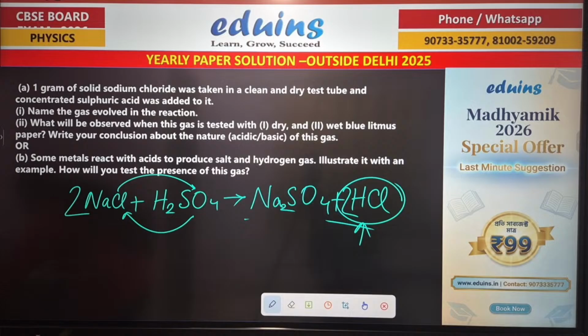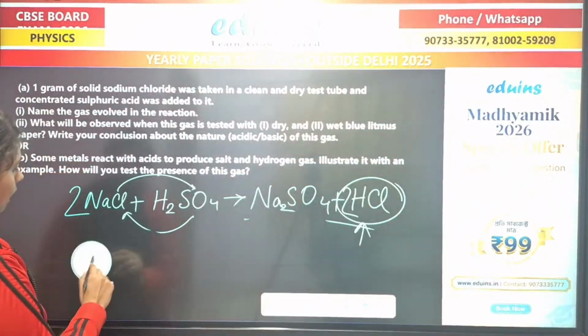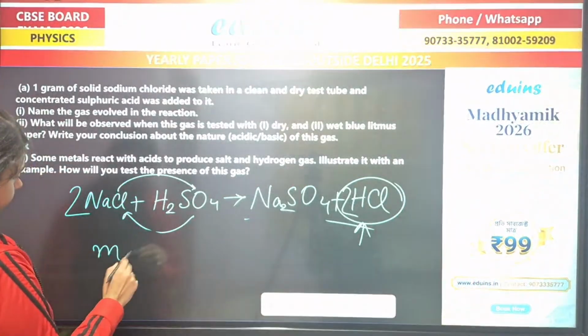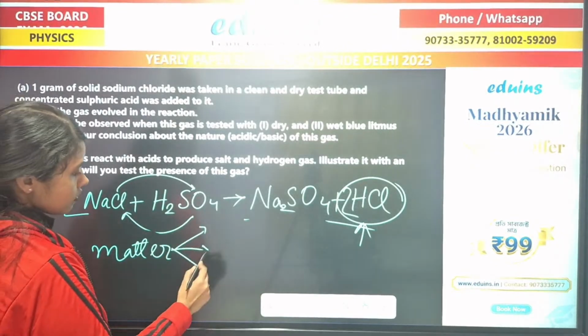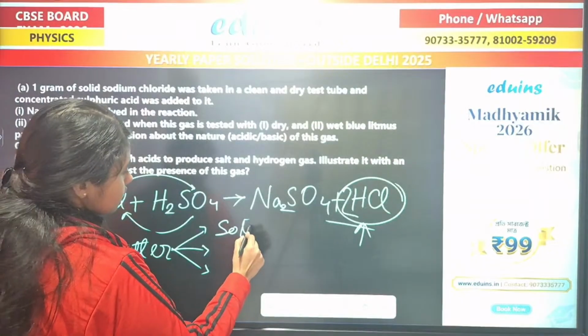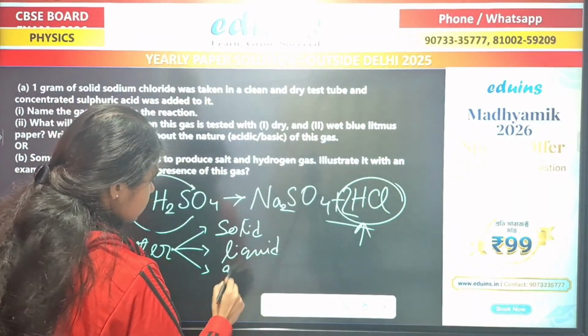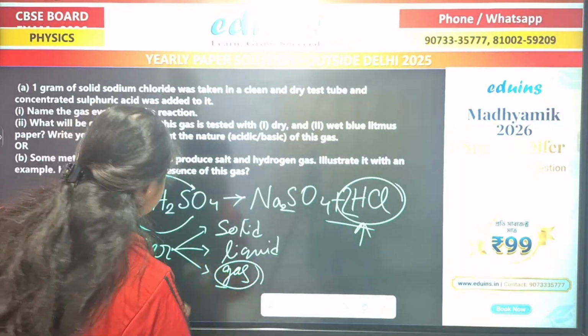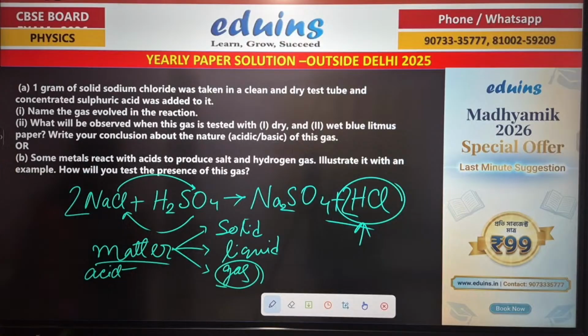Acid, a substance, okay, matter. Matter has 3 states. You know that? Solid, liquid, and gas. So acid also has 3 states. Base has 3 states.